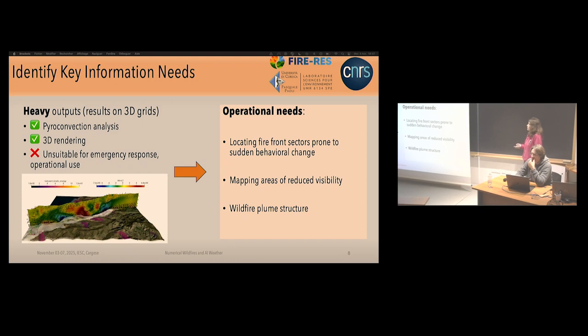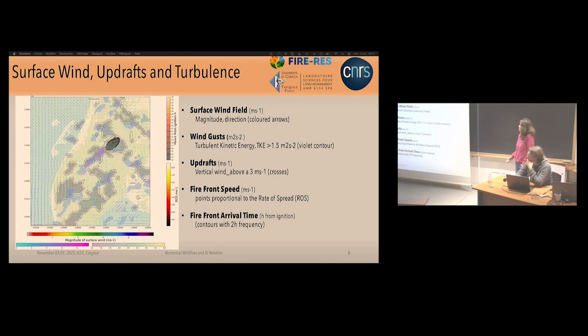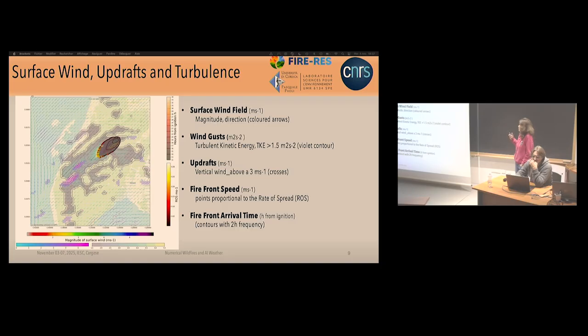We identified three key needs: to identify fronts that are more susceptible to sudden changes of behavior, to map the smoke to identify regions of reduced visibility, and also to provide a visual of the plume structure. Here I'm just showing one for the wildfire from before.